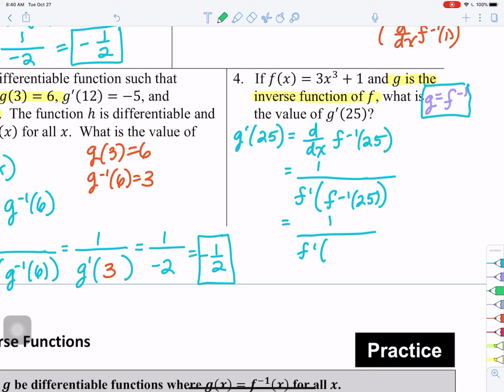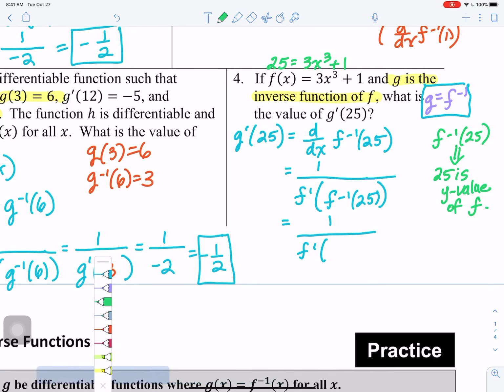Well, if f of x is equal to 3x cubed plus 1, and we need f inverse of 25, 25 is the y value of f. So we actually need to go set 25 equal to 3x cubed plus 1. Okay?